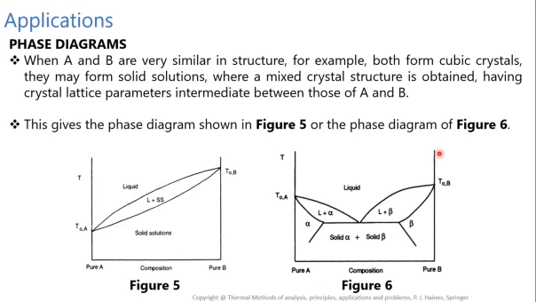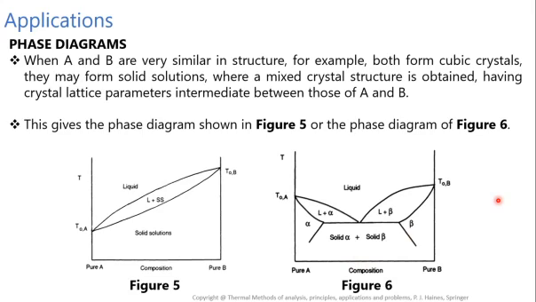Then, when A and B are very similar in structure, for example both cubic crystals, they may form a solid solution, where a mixed crystal structure is obtained with a crystal lattice parameter intermediate between those of A and B. Hence this gives the phase diagram shown in figure 5 or figure 6.